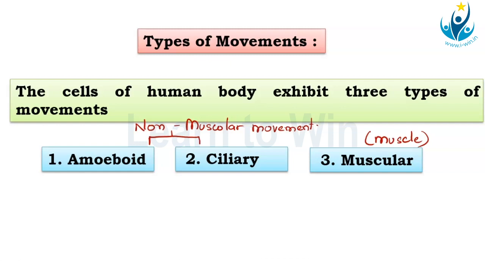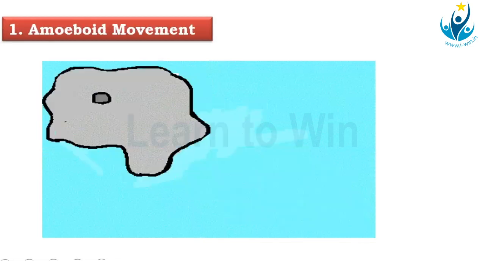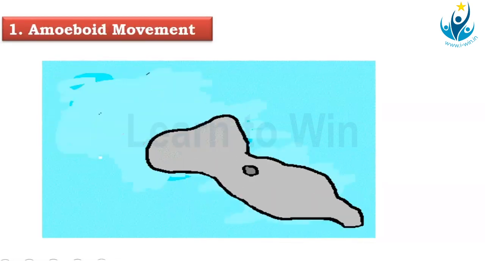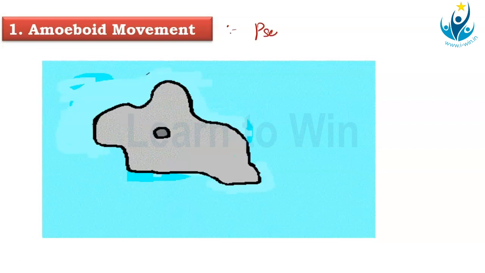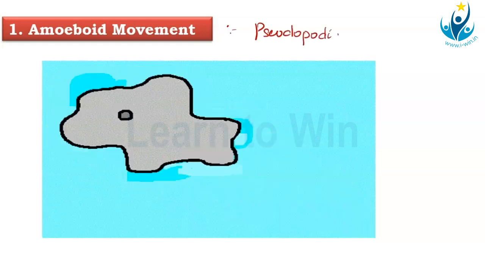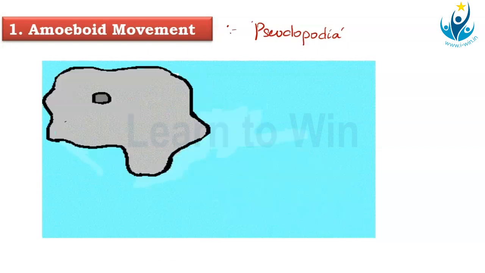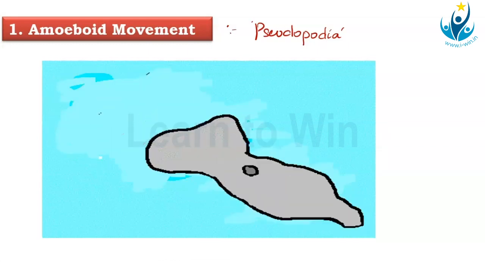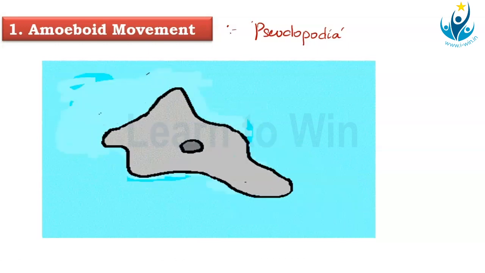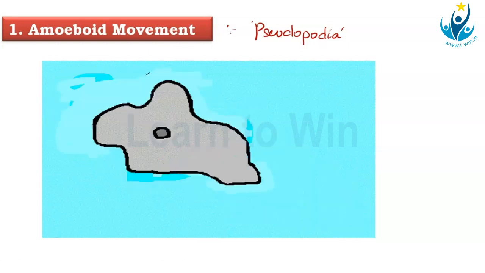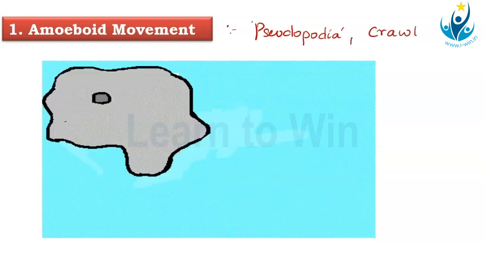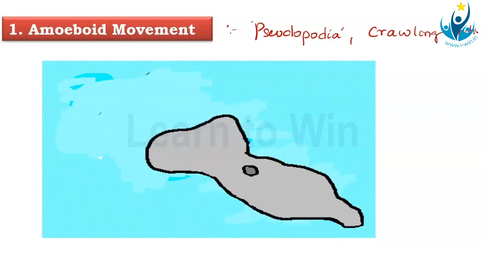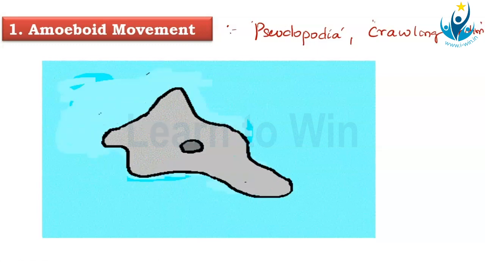So first, let us understand what is amoeboid movement. If you can see this GIF, it clearly shows the amoeboid movement. In amoeboid movement, you have the formation of a structure called pseudopodia. Pseudopodia, which means false feet, is a protrusion from the protoplasm of the cell, and it changes the shape of the cell body and creates a crawling motion, a movement which looks as if you're crawling.